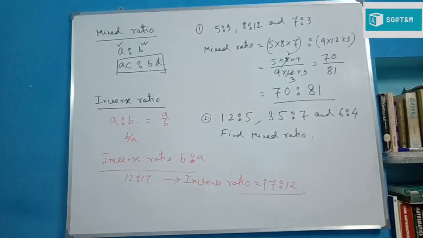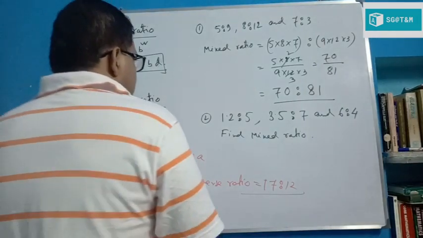This is the inverse ratio, very easy to calculate. So, if the antecedent and consequent of the ratio interchange their places, then the new ratio is the inverse ratio of the previous one. I repeat once again, I write down the inverse ratio definition.